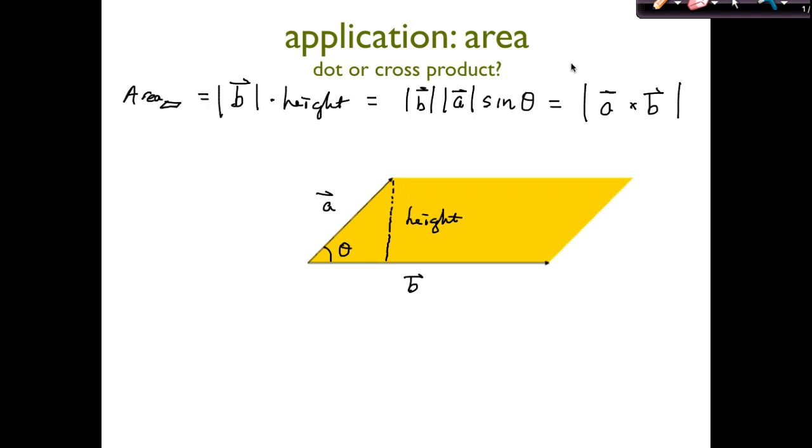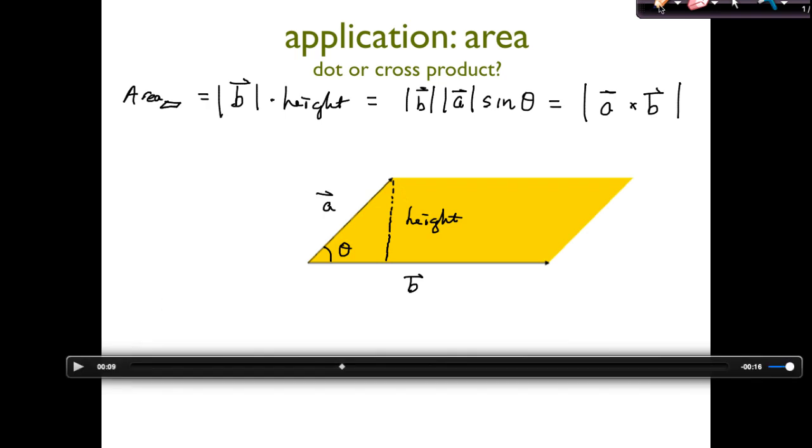So it's like that, and so that would be into the screen. So A cross B, in this case, points into the screen, orthogonal.